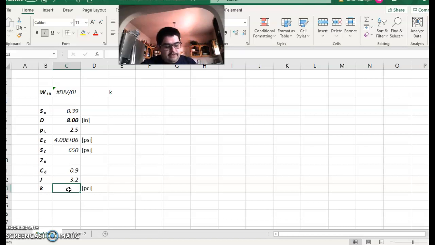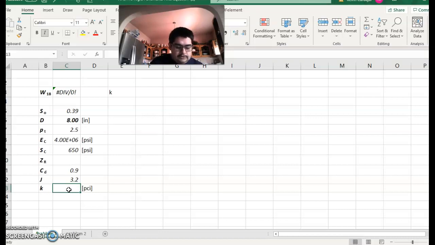Then for our sub base, we find a line. So we put a point right there and we do a horizontal across to the right. Then our MR coefficient was 5,000, so we draw a line all the way down touching 5,000.